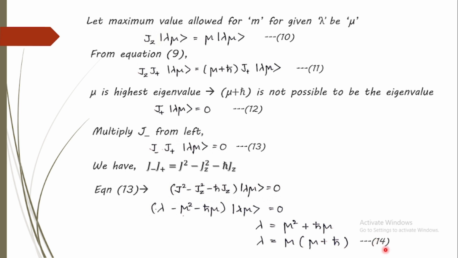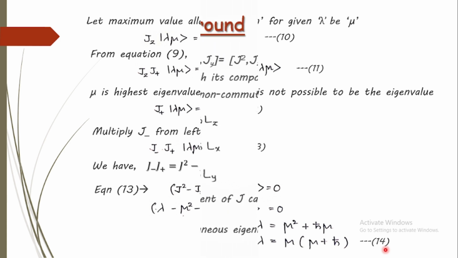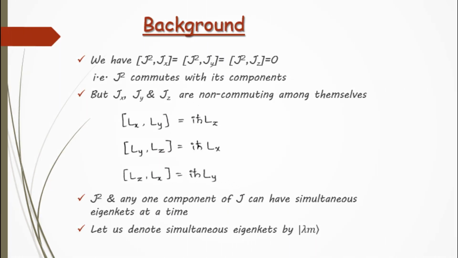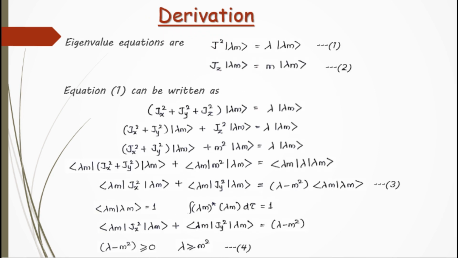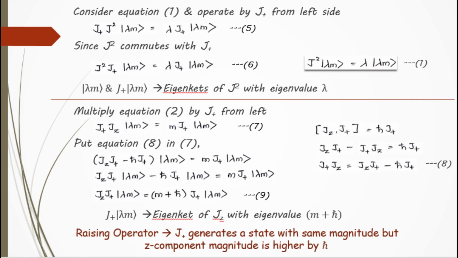So till now we studied the background and started deriving the eigenvalues and eigenfunctions of J square and Jz, where we came across the raising operator and what happens to the eigenvalue when we use J plus, due to which it is called the raising operator.